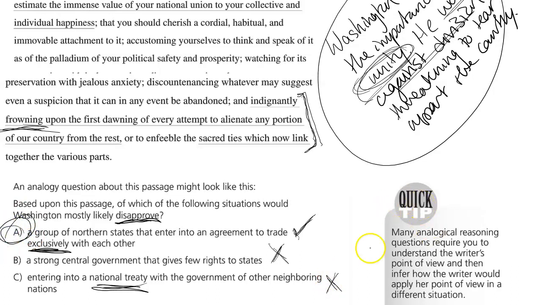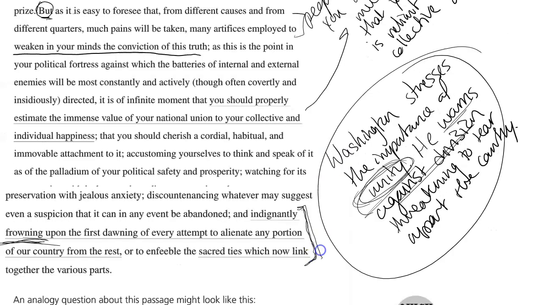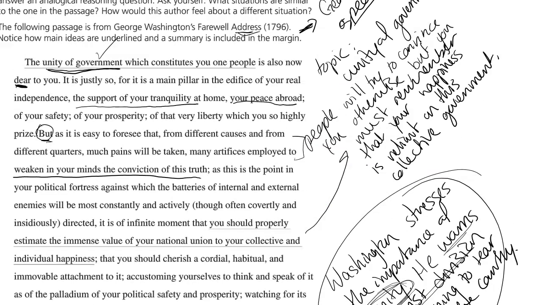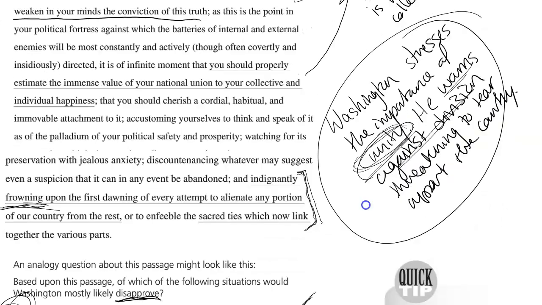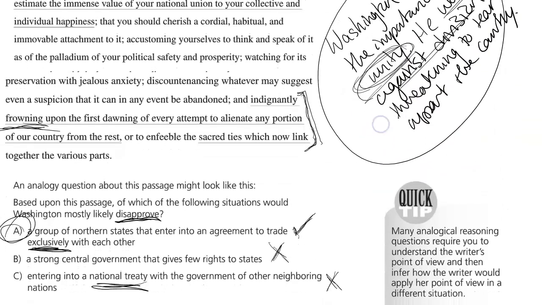I want to point us over here to this quick tip. Many analogical reasoning questions require you to understand the writer's point of view and then infer how the writer would apply her point of view in a different situation. And that's what we did here. We took a look at this excerpt of George Washington's speech. We identified the topic, we identified his point of view on the topic, and then we used what we already knew to make an inference and draw a connection between what George Washington believed and what he would approve or disapprove of.